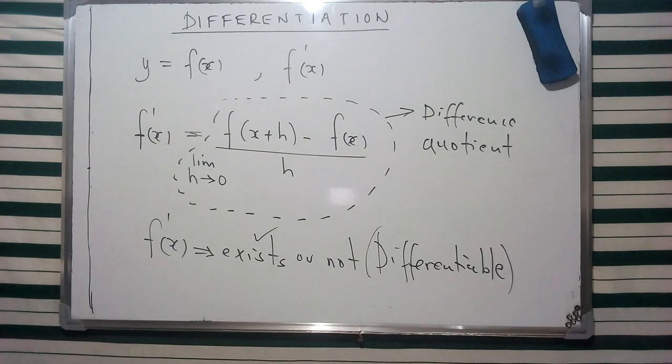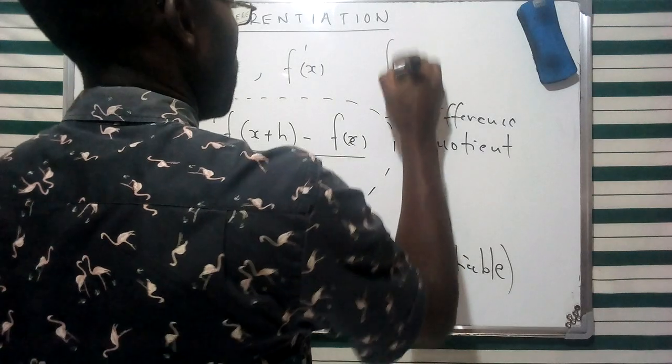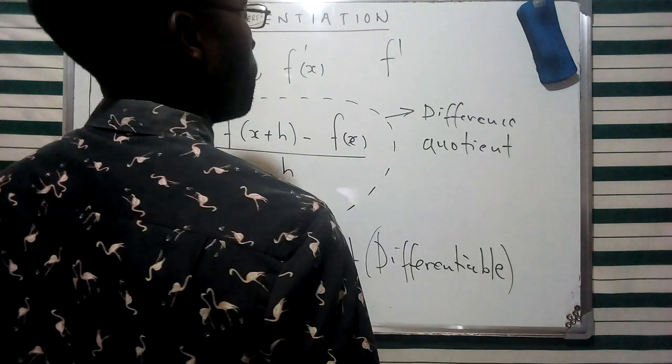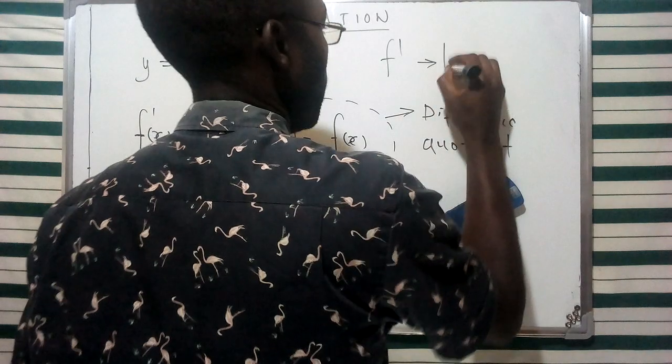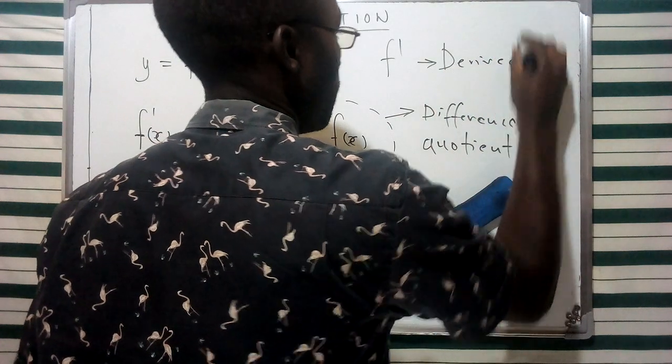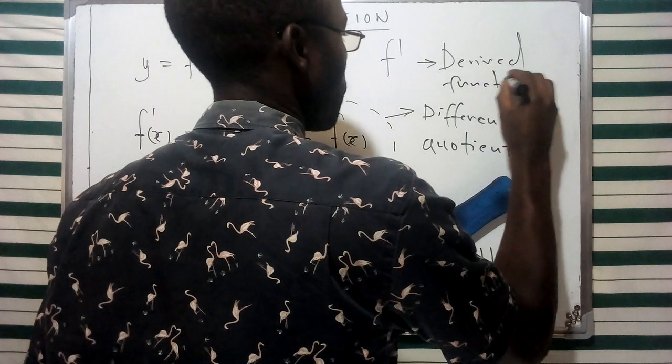In this particular case, if we have f prime of this function, we refer to f prime as a derived function.